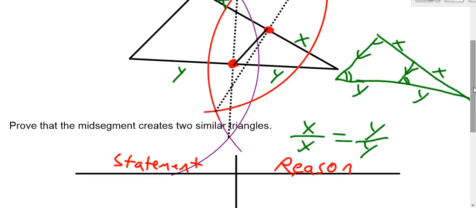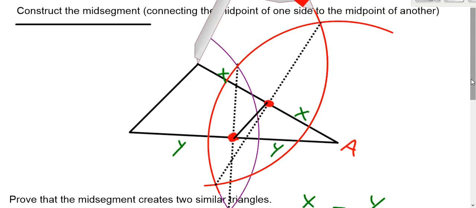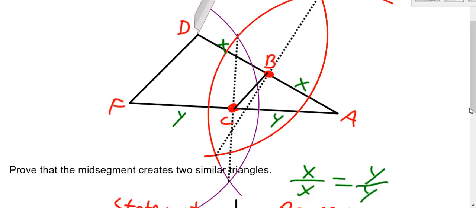Now, if we're going to do a proof, we probably want some letters in here, so I'll call that A, B, C, D, and F. You can choose E if you want. It doesn't matter. We'll do E.